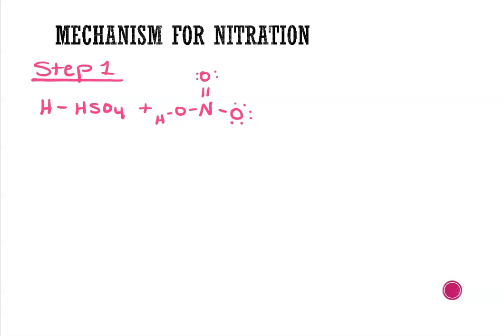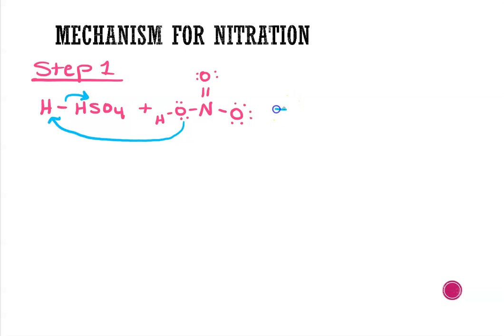And so what we're going to do is, first off, we're going to take this oxygen. Oh, I forgot to draw the lone pair here. So our oxygen is going to reach out and grab that hydrogen, and then that bond will absorb itself in here.